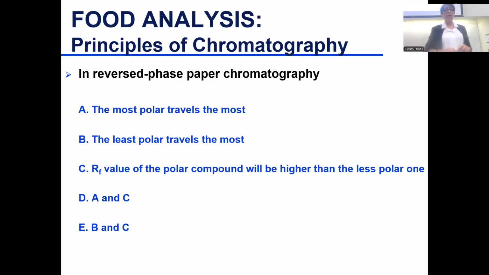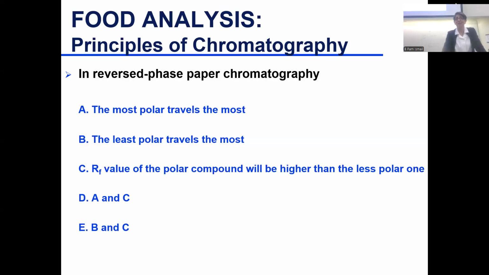All right, so in reversed phase paper chromatography, which one of these can be correct? Take a moment, think about what I said, and try to decipher. You don't want to guess?